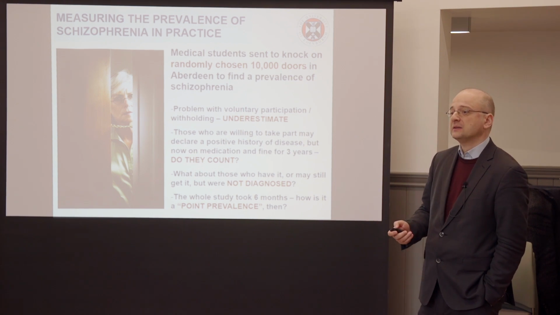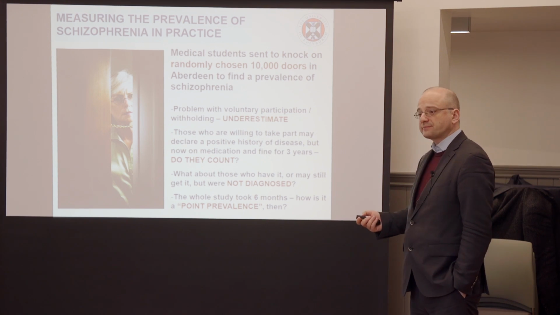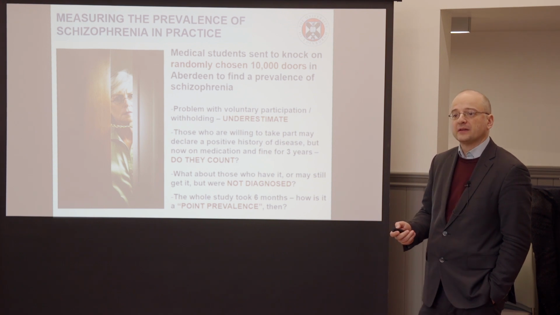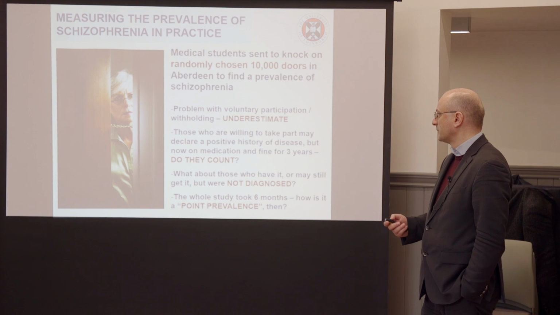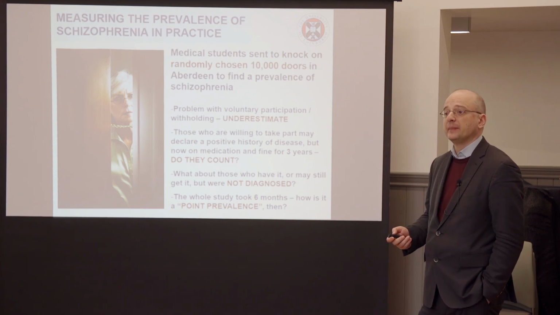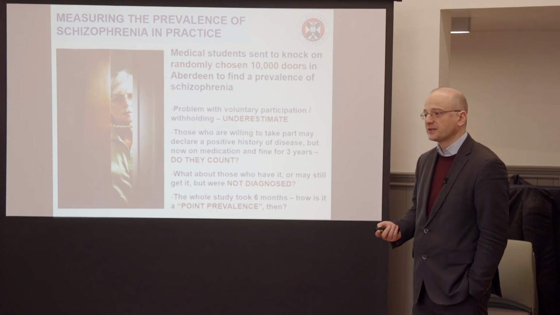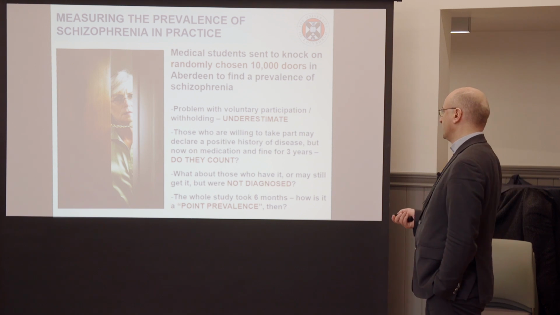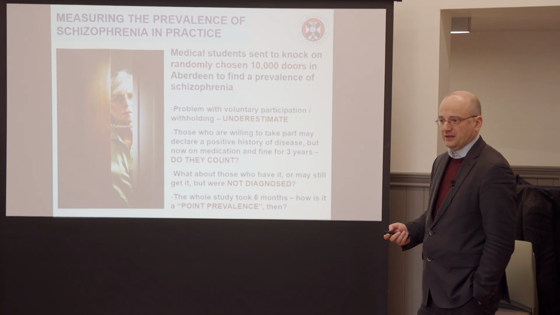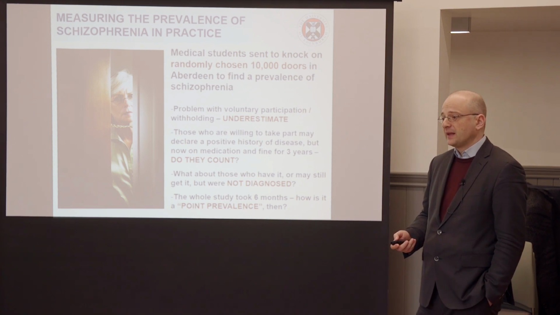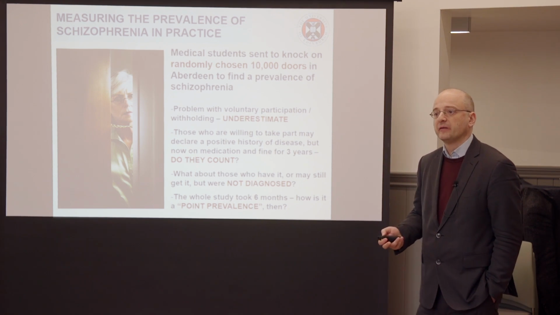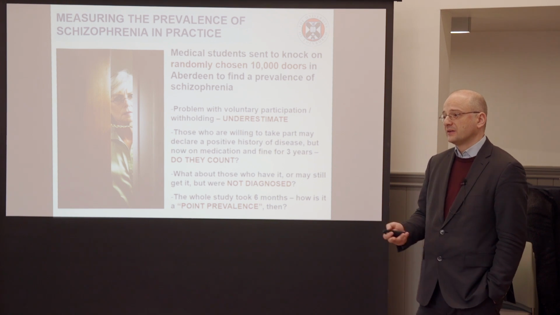And then what's going to happen? You come to a door and people may or may not be willing to open the door for you. Once they open the door and you tell them what to do, they may give you the correct information, but they may not give you correct information. And then you may encounter people who tell you that they had schizophrenia 10 years ago, but they're now fine. Do they count or do they not count?